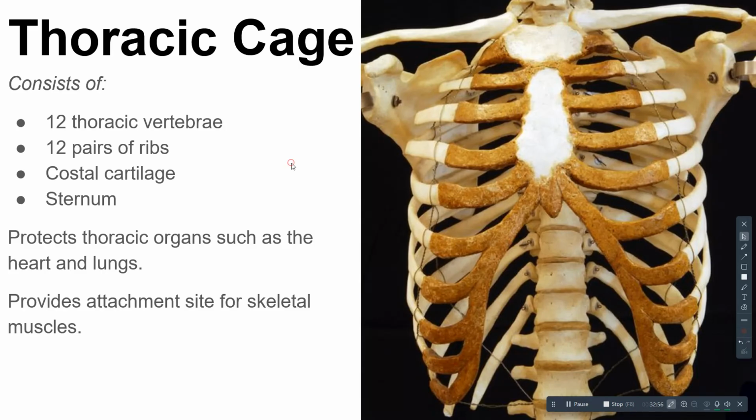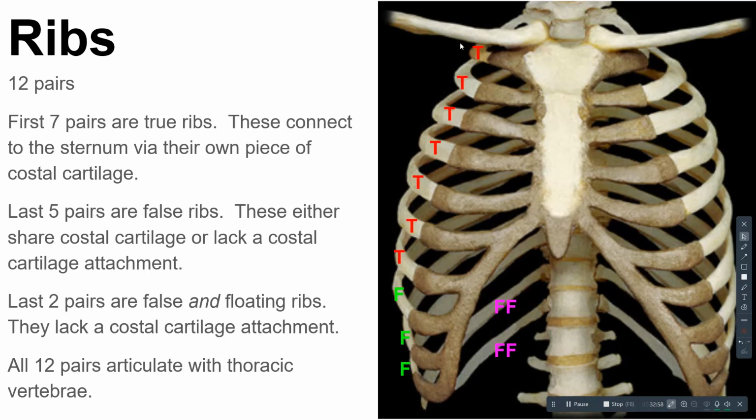Okay. The ribs. There are 12 ribs on each side. The first 7 ribs are called true ribs because they all have their own piece of costal cartilage. The last 5 are false ribs because they're either sharing costal cartilage, like ribs 8, 9, and 10, or like ribs 11 and 12, they've got no costal cartilage at all.